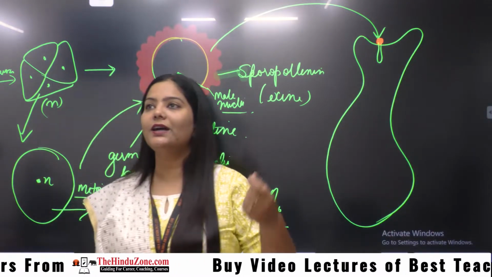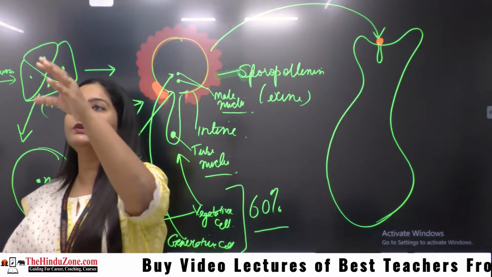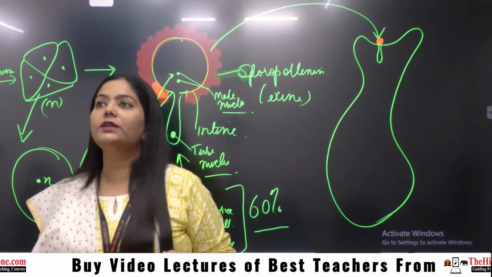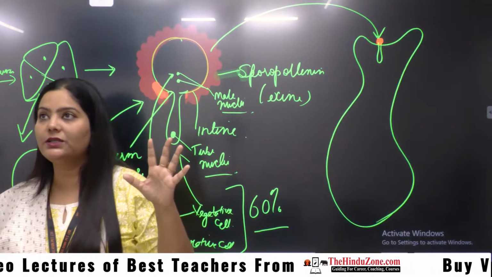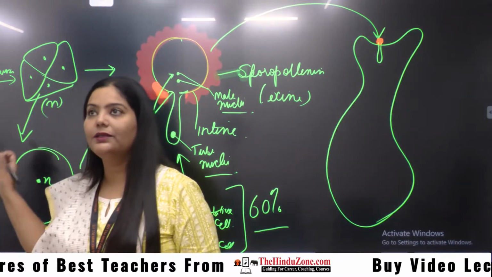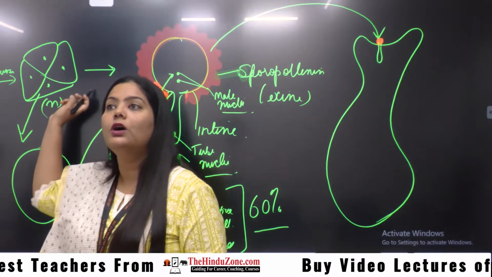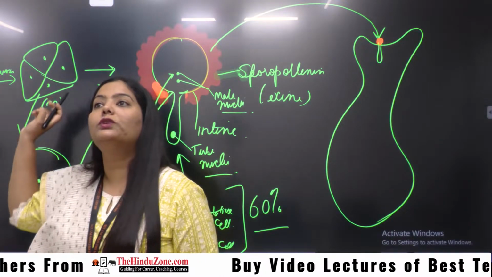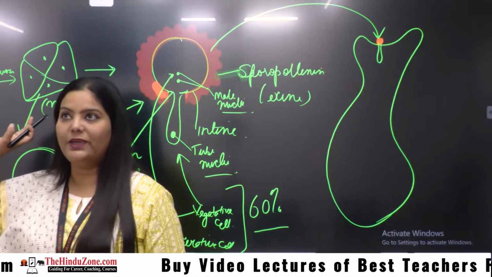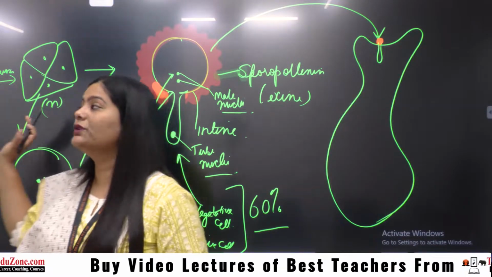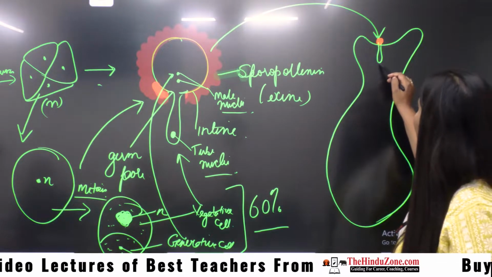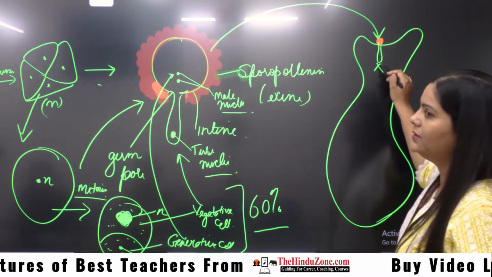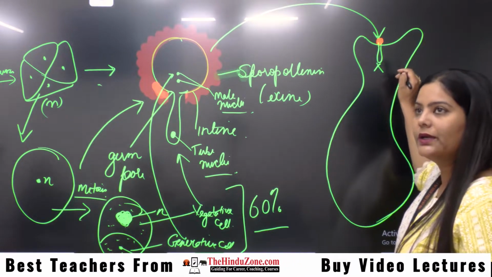Because of this interaction, only the matching type is allowed to take out its pollen tube. If it is not of the matching type, either the plant is not going to allow it to take out its pollen tube, or if it is not matching and it is taking out the pollen tube, some barrier will come here and this pollen tube will stop here only.